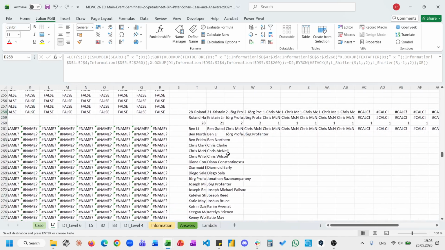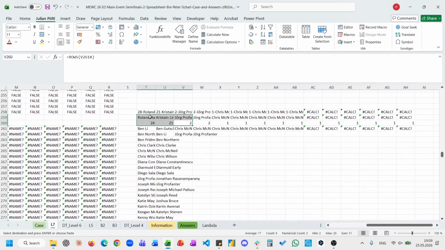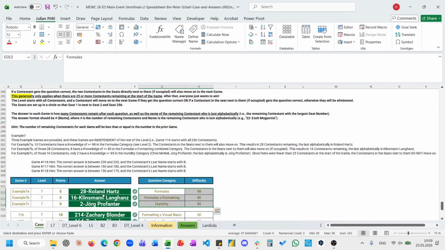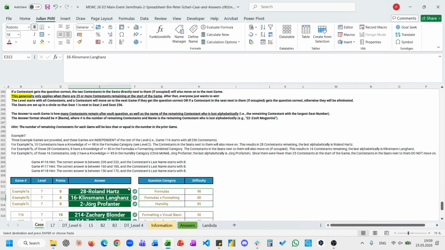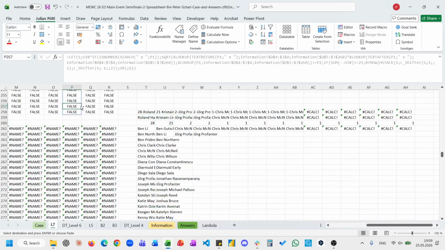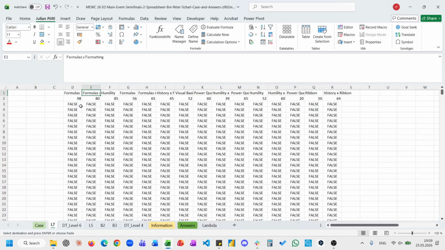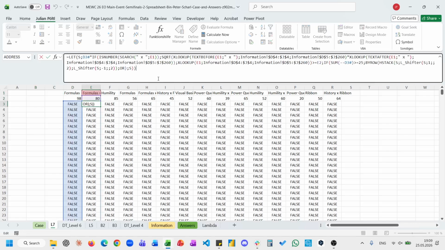What will be the result? Roland 28. This is wrong. This is wrong. This is wrong. Roland is wrong, but then Christina 21 is wrong. 28 contestants. 8 have knowledge. Next to him is 16. Okay, it does not help. But maybe we can debug then. 21 is wrong. So here, formula formatting.